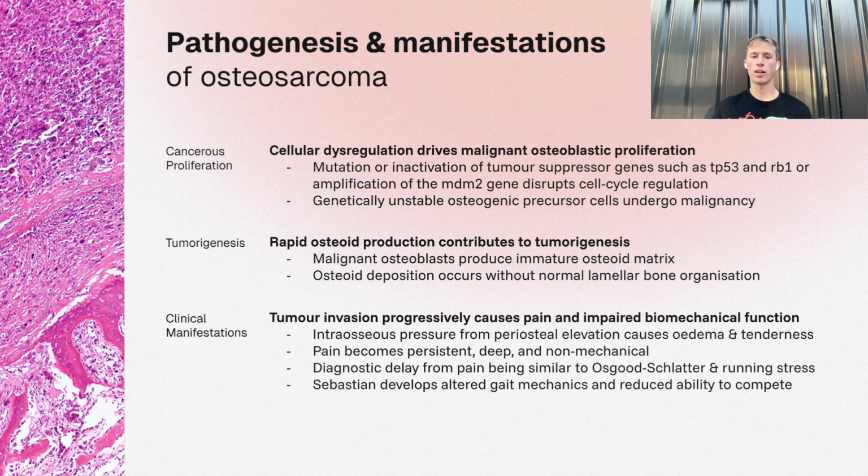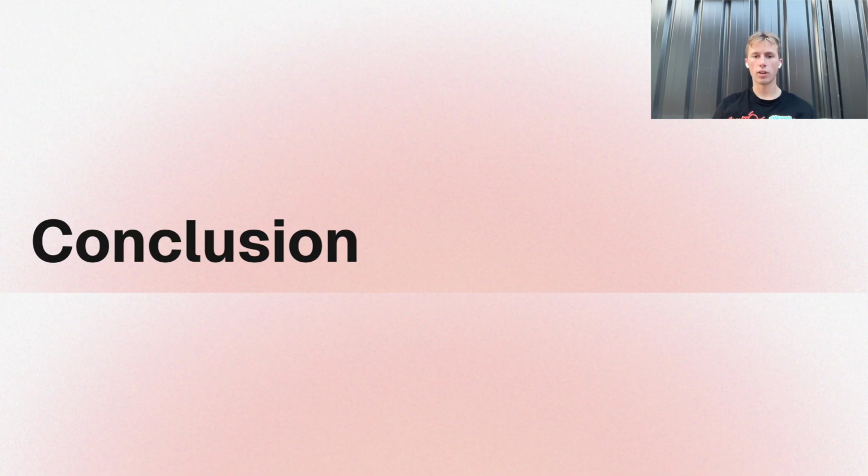Because Sebastian already had a prominent tibial tubercle, these pathological changes were initially misinterpreted as benign training-related inflammation rather than malignant progression of osteosarcoma.